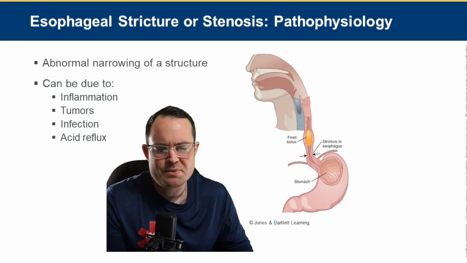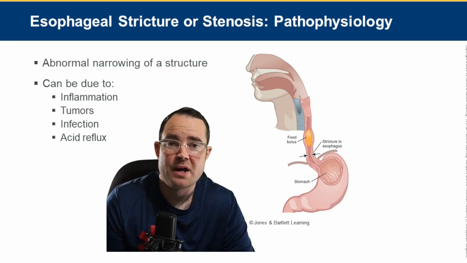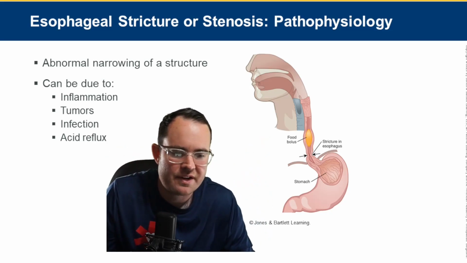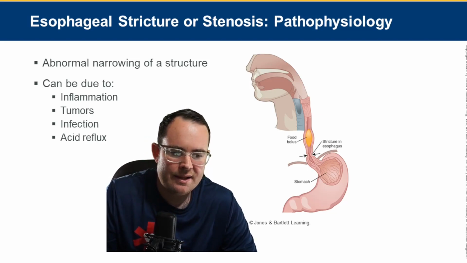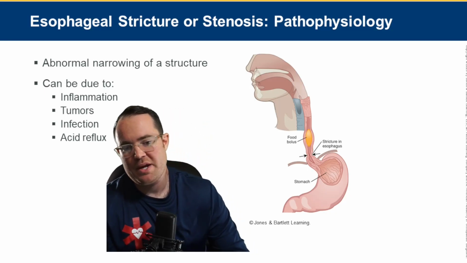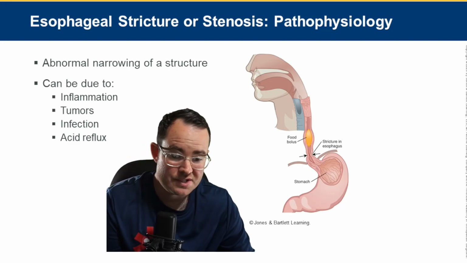Understand here that the term stenosis, you'll see this a lot in different medical terminologies. Stenosis means a narrowing. So if you see here of the esophagus, there's a narrowing point right before the stomach. And this stenosis makes it difficult for obviously food to pass, right? Says it could be due to inflammation, tumors, infection, or even acid reflux, especially acid reflux over time.